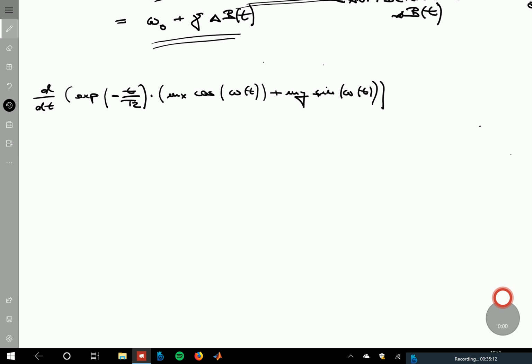Anyone remembering the product rule? If you have something like this and you're supposed to compute the derivative, it's the derivative of f times g, plus f times the derivative of g. Exactly. That's the product rule.